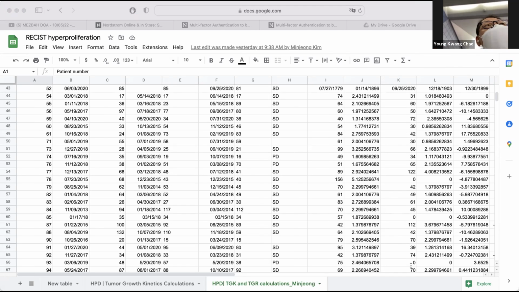So 192 is the one that has 3 time points. Yes. And what is the approximate number for the ones that have 2 time points, except the pre-baseline? About 200, a little bit more. Okay.